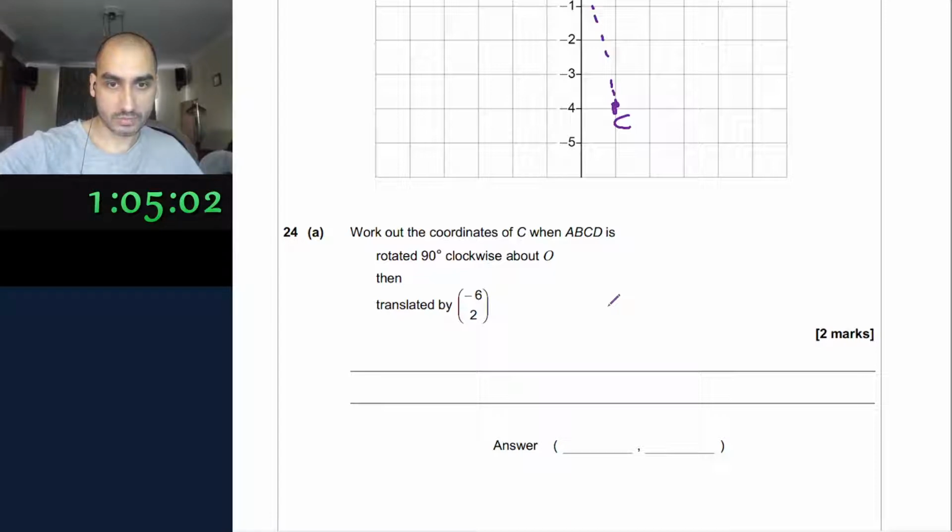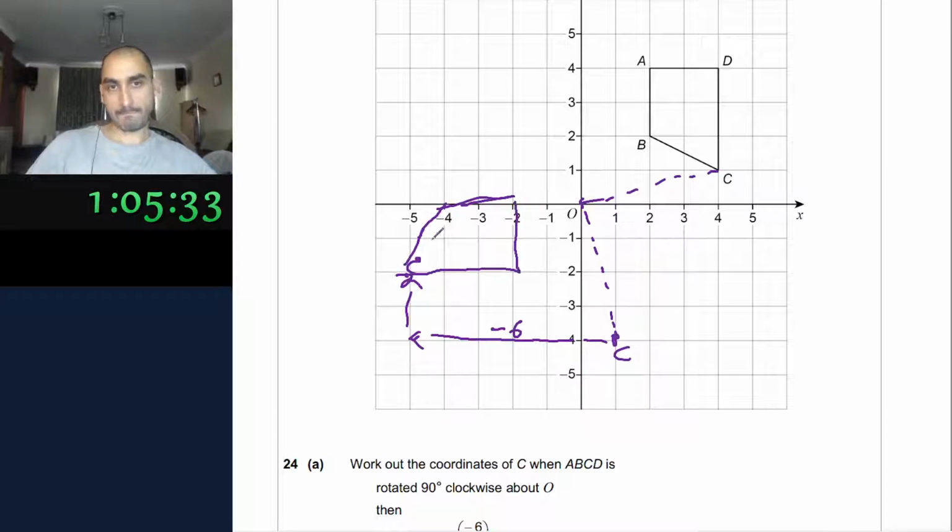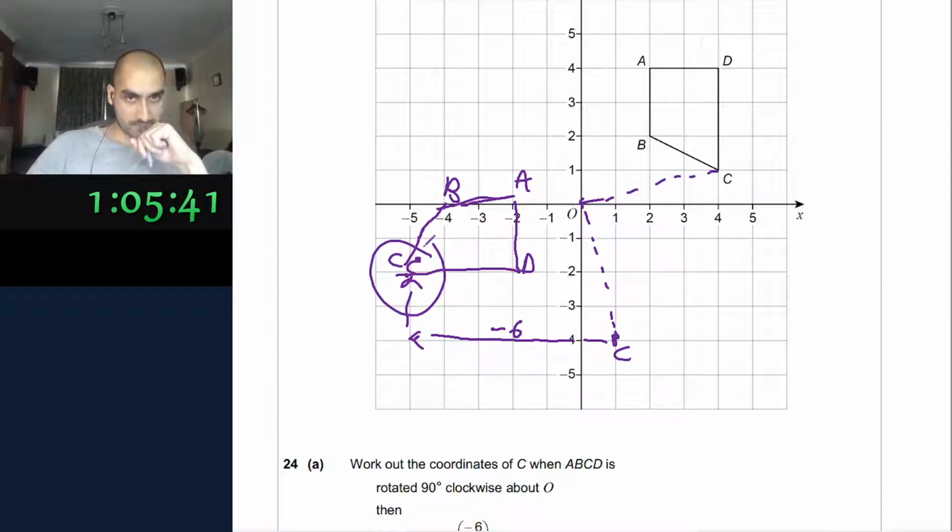I don't think we need to draw the whole shape. And then translated by -6,2. So we go -6, 2. And we could actually just draw the whole shape for fun. So it's -5, -2.